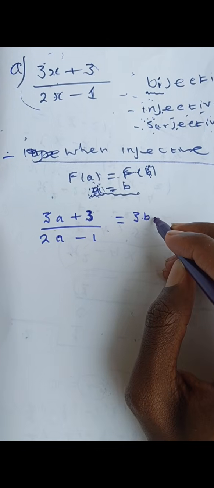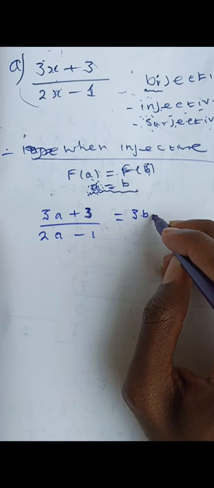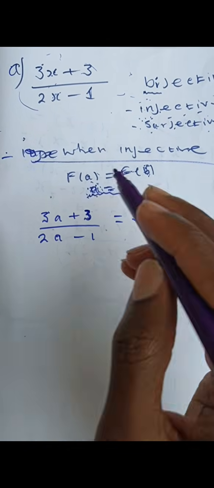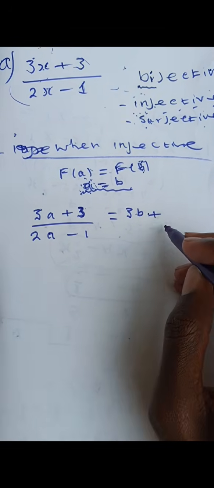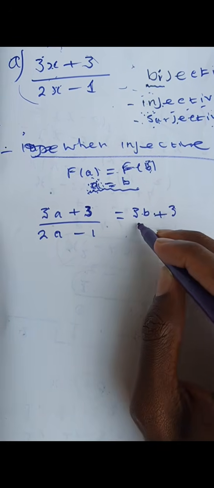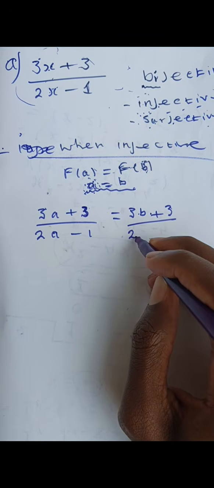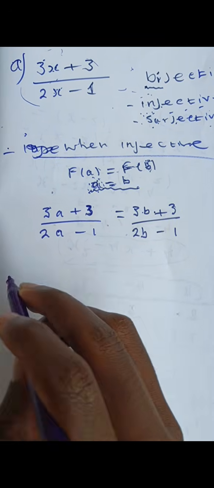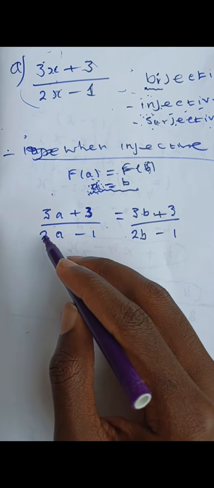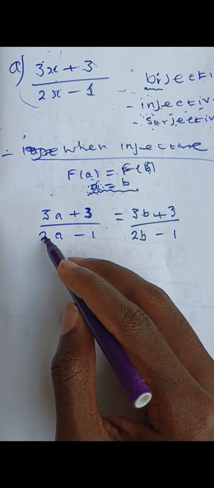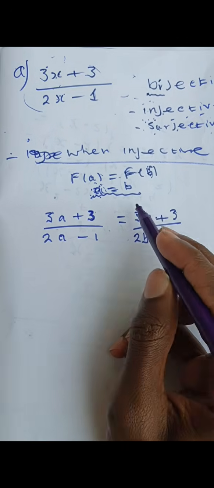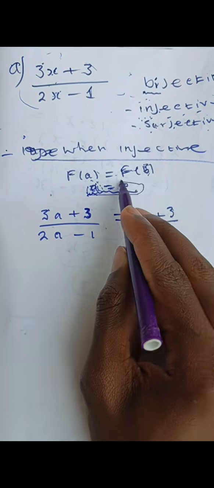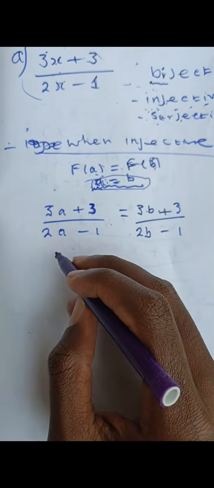3b plus 3 over 2b minus 1, where on the right-hand side we substitute with b. If it is indeed injective, or 1-to-1, when we simplify this, we need to end up with a is equal to b.